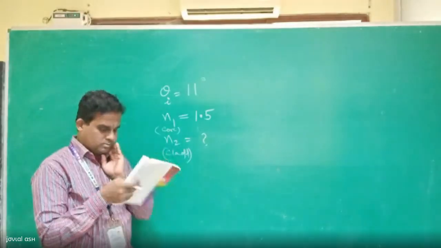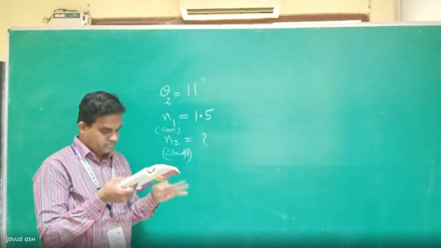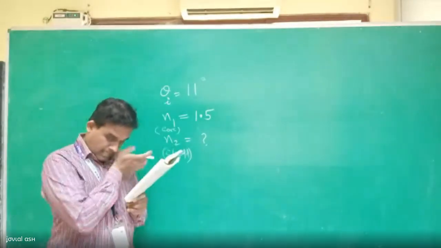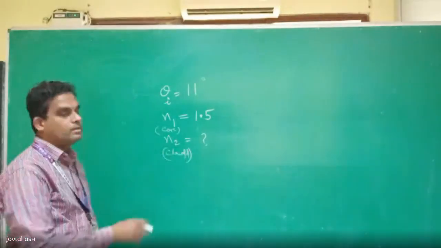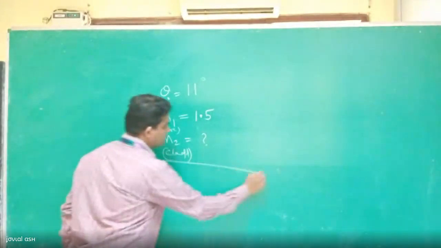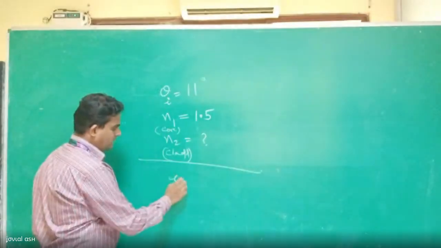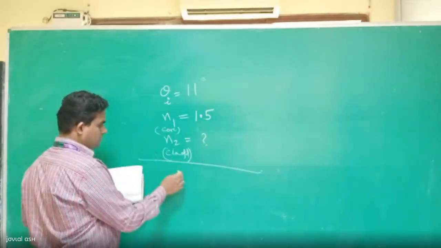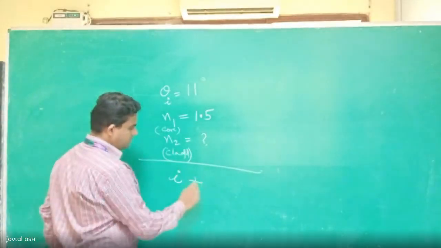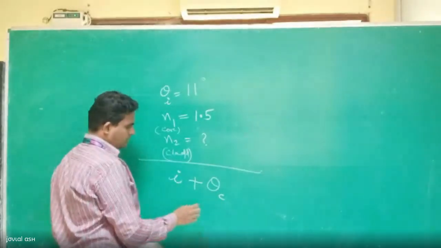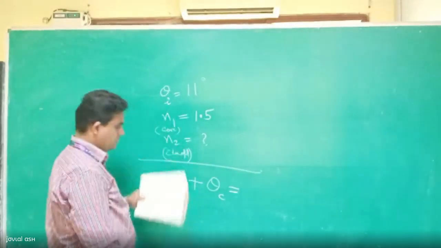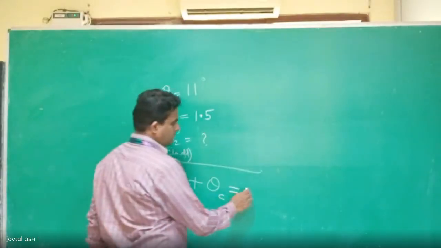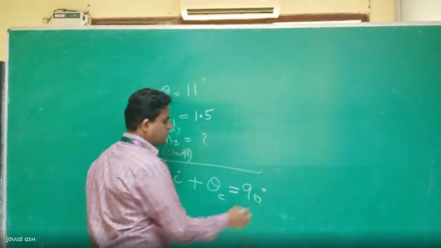How to solve? You can solve it by using a simple concept: your incident angle plus your critical angle should be equal to a complementary angle, 90 degrees.